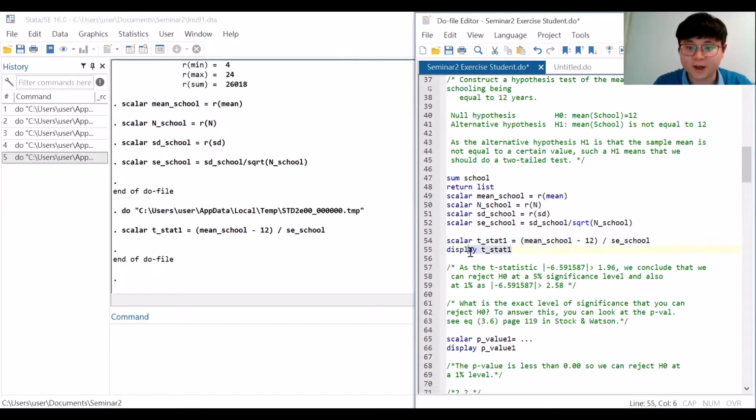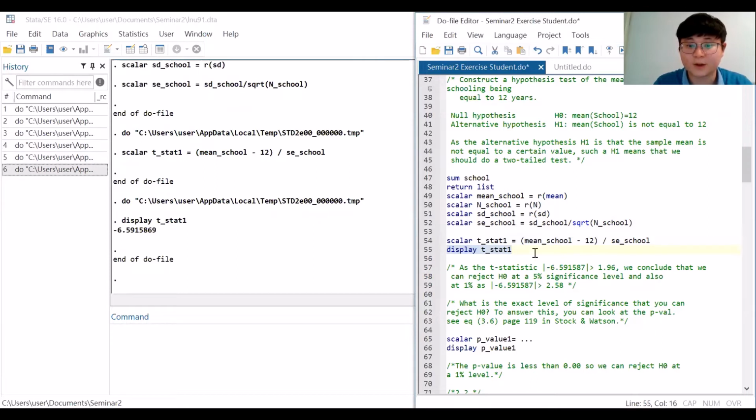And then we display it. Then we know that the t statistics is minus 6.59. So what does this t statistics mean? Why should we calculate it like this? I will explain it after I calculate the related p-value.